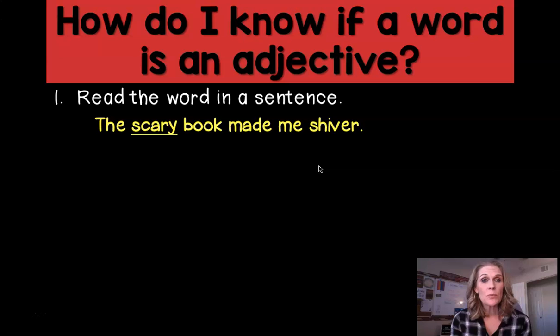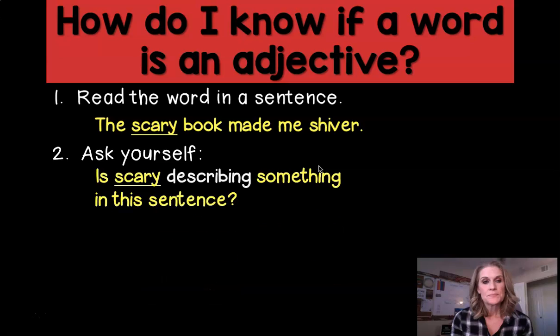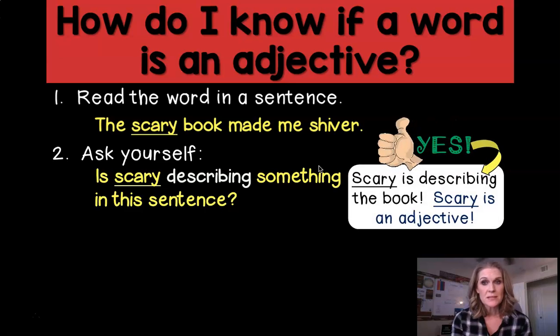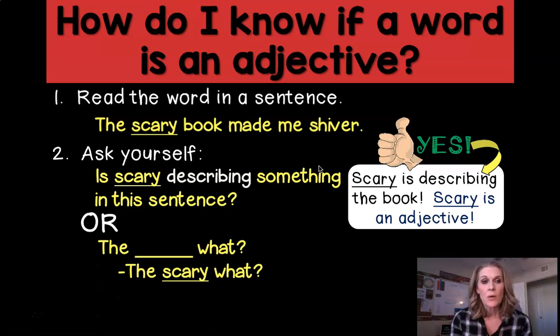How do I know if a word is an adjective? Read the word in a sentence. The scary book made me shiver. Ask yourself, is scary describing something in this sentence? Yes, scary is describing the book. Scary is an adjective. Or the blank what?